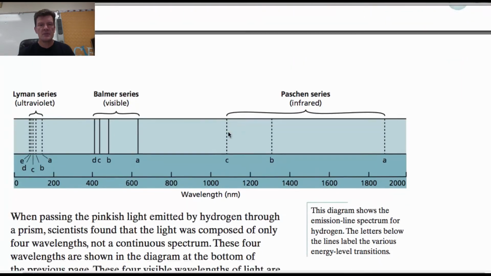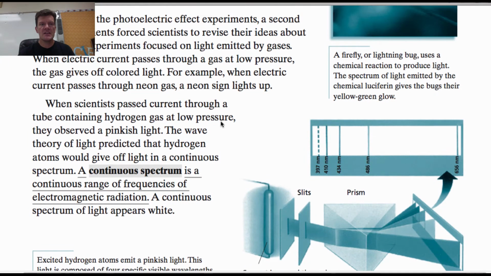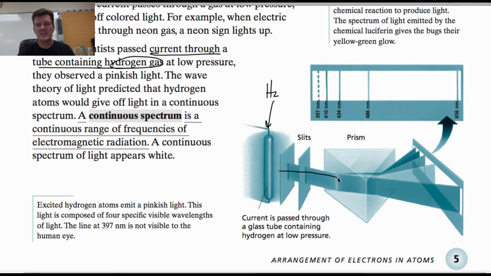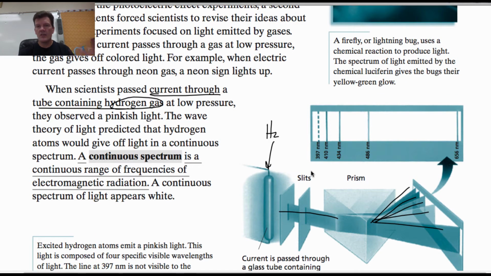Another experiment that was done is, it's kind of the same experiment, but they would pass current through a tube containing hydrogen gas. And light was emitted. Here's the tube right here, hydrogen gas is in that tube. That light then was split using a prism. And they realized that there are different wavelengths inside of that light that's being emitted. Not all light was being emitted.